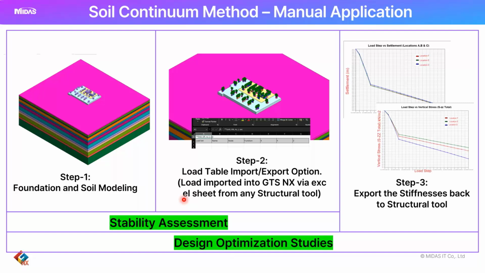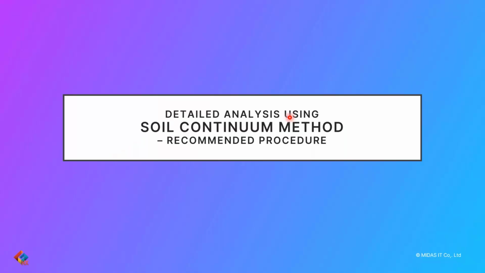So that's the manual method. But in this entire method, we will be dealing with a lot of Excel sheets and graphs, and it might be a tedious job for both the structural and geotechnical teams. So now we have a recommended procedure using the MIDAS GTS NX family of programs.